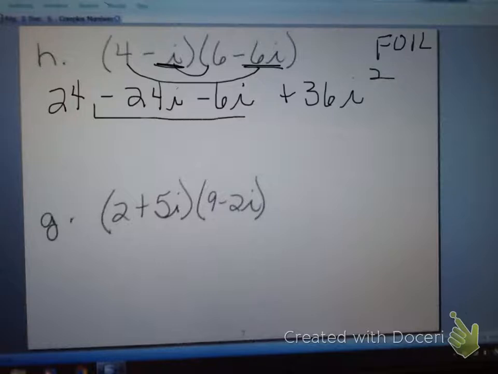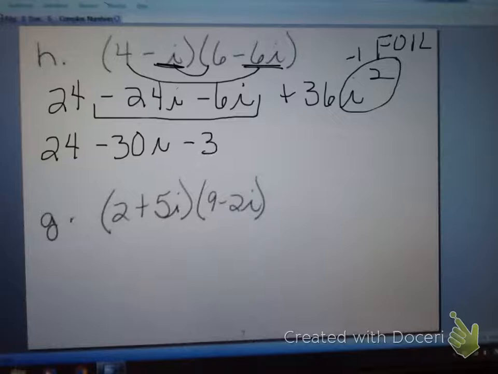I can combine my two i terms and get negative 30i. And then i squared, again, replaces negative 1. So negative 1 times positive 36 is a negative 36. Now I'm going to combine 24 and a negative 36, which is negative 12 minus 30i.